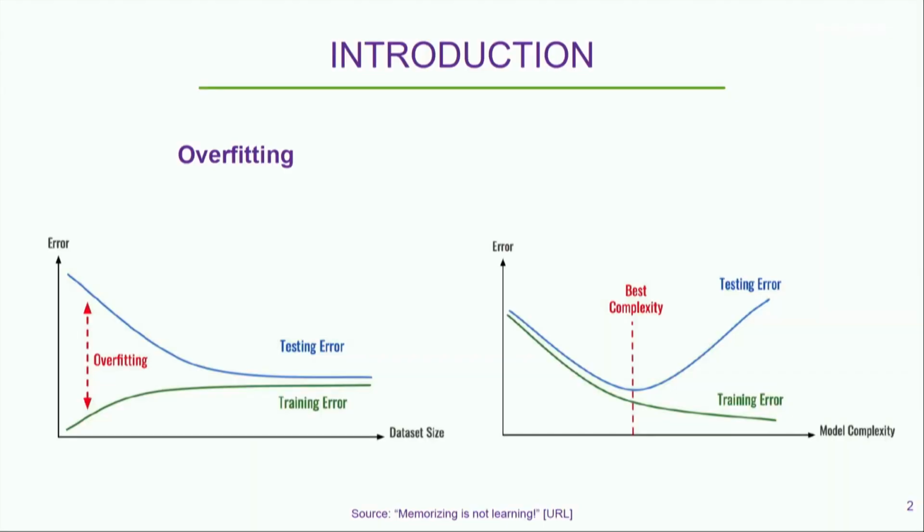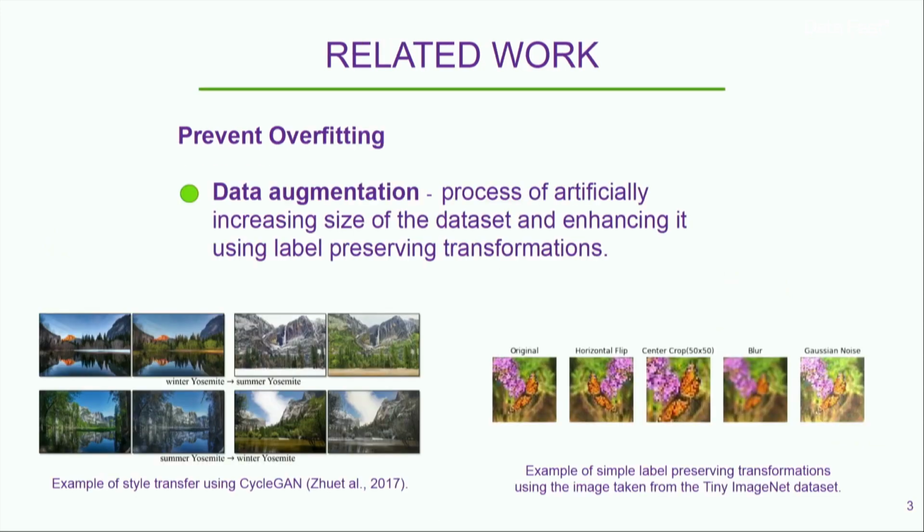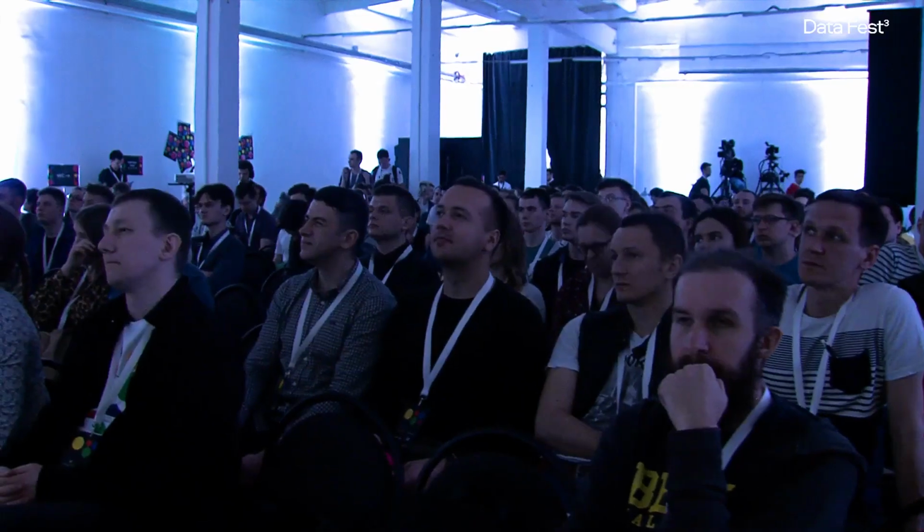Let's start. You all probably know about the problem of overfitting. It's relevant for deep neural networks, and there are many ways to reduce overfitting. I will focus my research on perhaps the most widely used one, called data augmentation. Data augmentation can be divided into two categories.